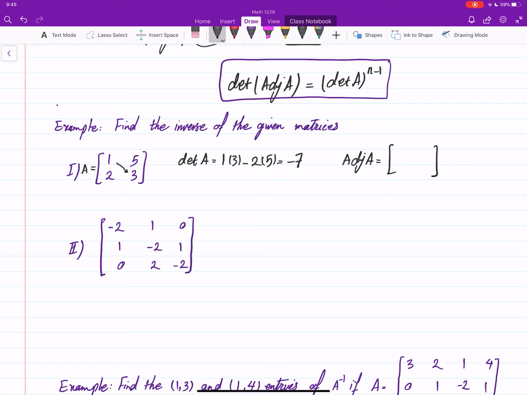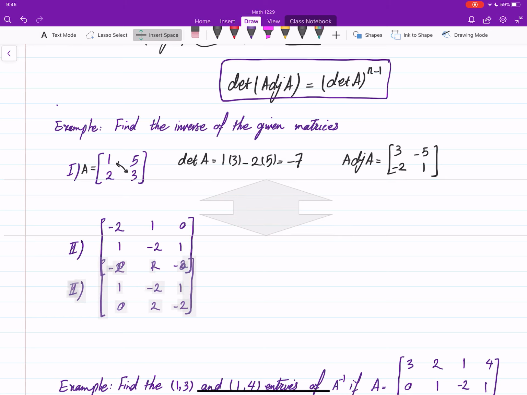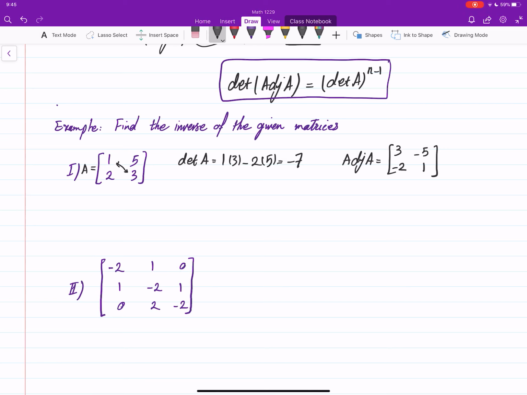Interchange the entries on the main diagonal, multiply the off-diagonal entries by a negative sign. And having those, we can find A inverse, which is 1 over the determinant of A times the adjoint of A. This is 1 over negative 7 times this matrix.